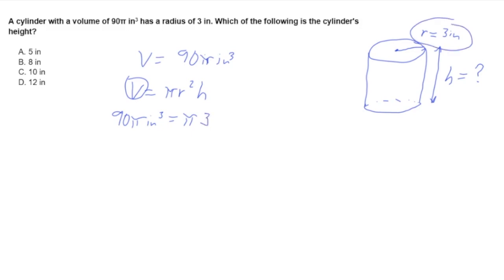So times 3 inches squared times the height. That's the one we don't have. All right, well, let's work this out a little bit further. We can take 90 pi inches cubed is equal to pi, and we'll solve this. So 3 squared is 9 inches squared times height.